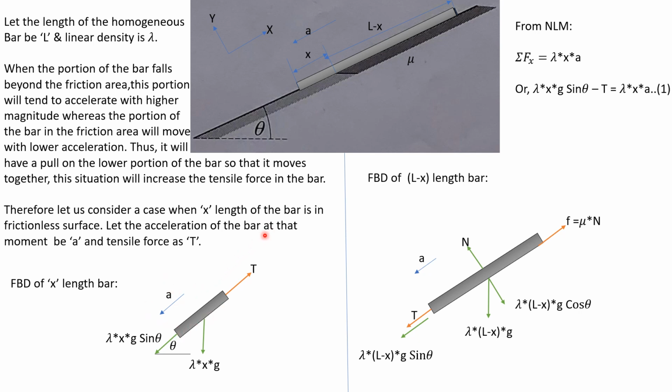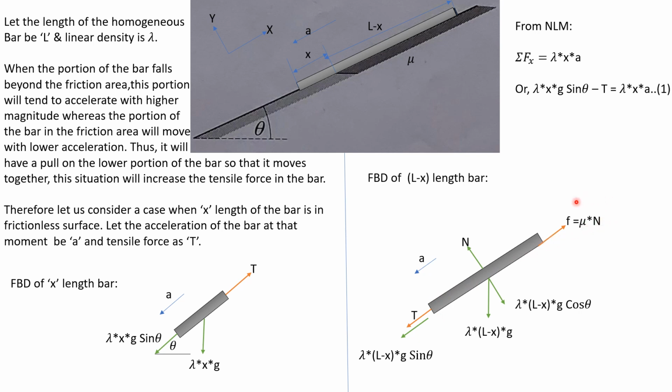Similarly, we will write an equation for the L minus x section of the bar which is on the friction surface. So this is the bar, and these are all the forces acting over here.